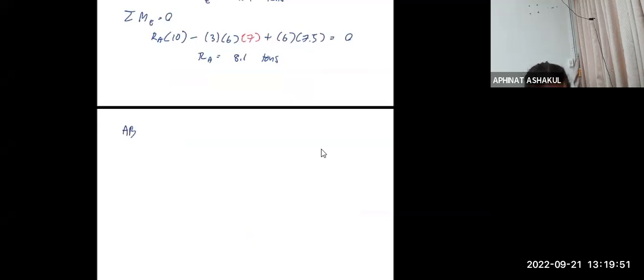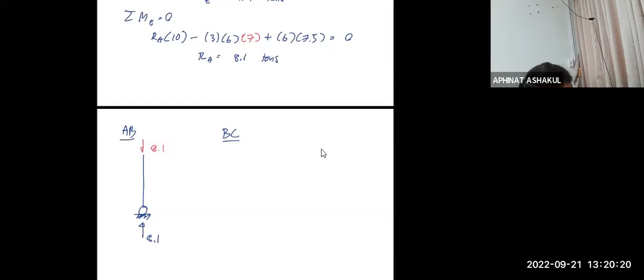So for member AB, you have reaction 8.1, so that is also 8.1. Then that's it. Why 8.1? Really? For member AB, it's nothing. It's there, I don't know why. Maybe it's part of the structure that has to look like that.